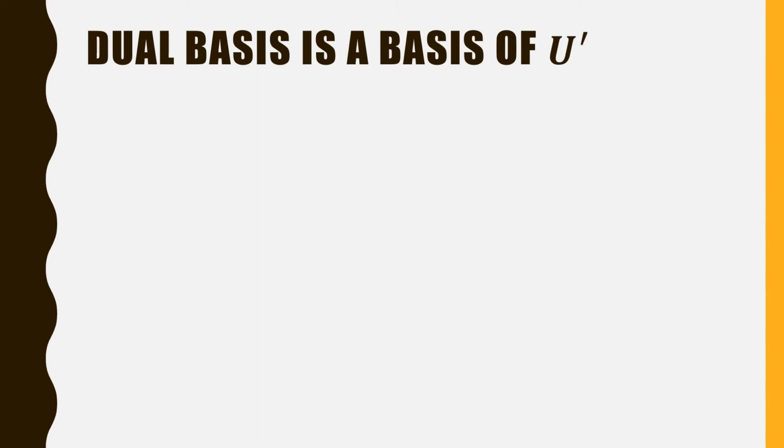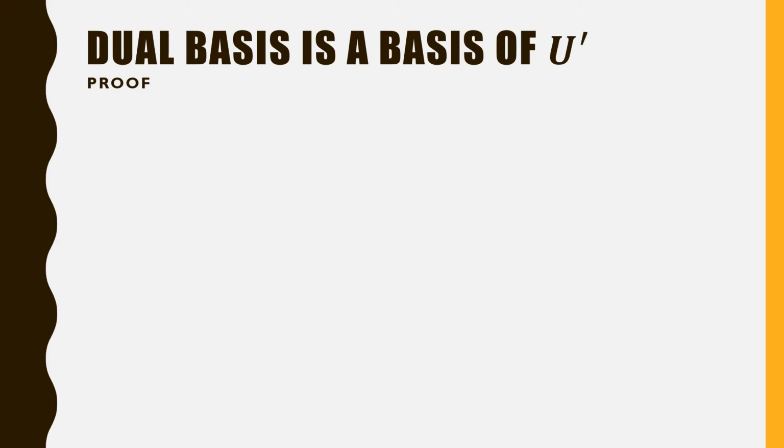All right. The first thing that we'll prove is that the dual basis is in fact a basis of U prime. To prove that a set is a basis, we have to show both linear independence and that the set spans the space U prime.